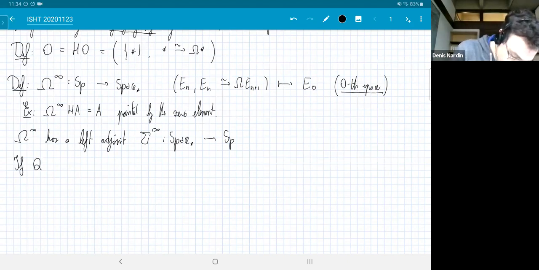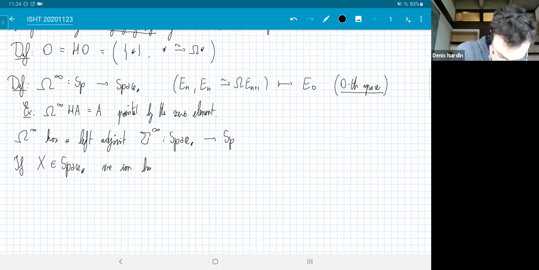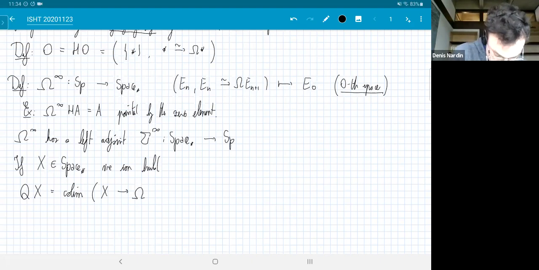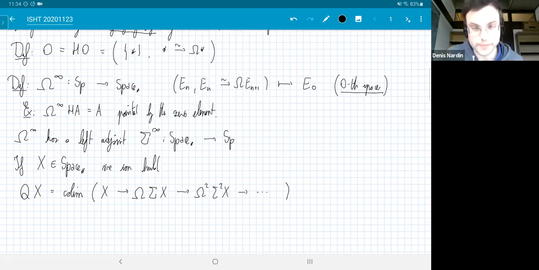If X is a pointed space, we can build what's called Q of X, the colimit of the following diagram. So I have X, and this goes to omega sigma X by the unit of the adjunction, and you can iterate this: omega sigma squared of X, and so on to infinity.